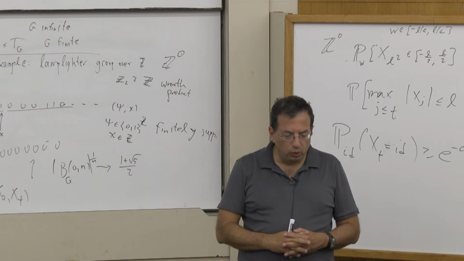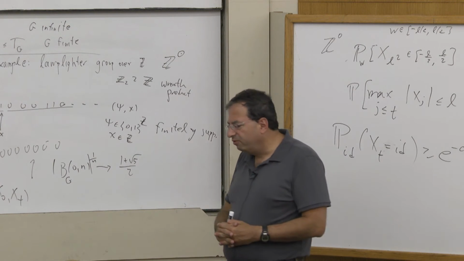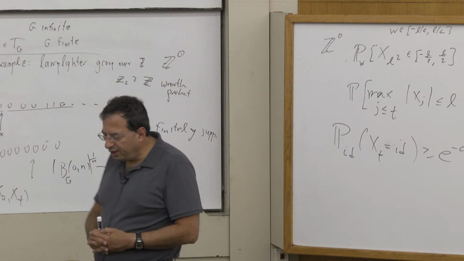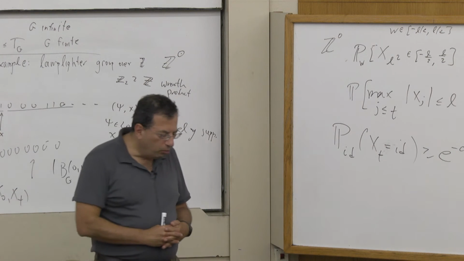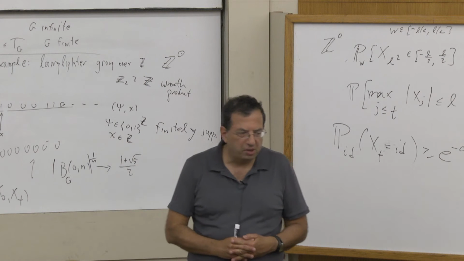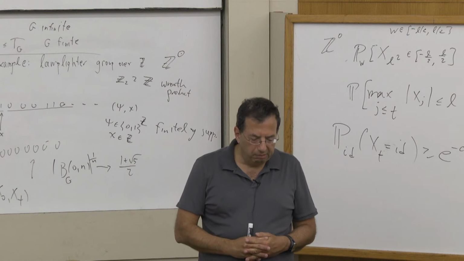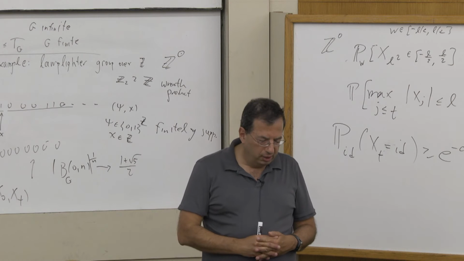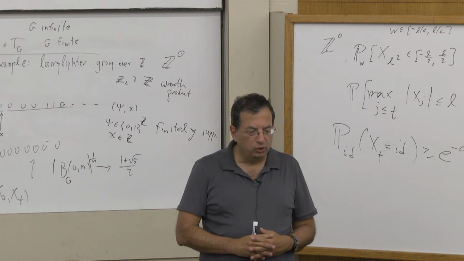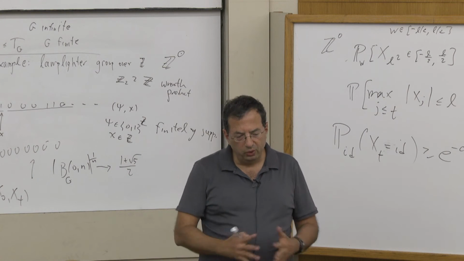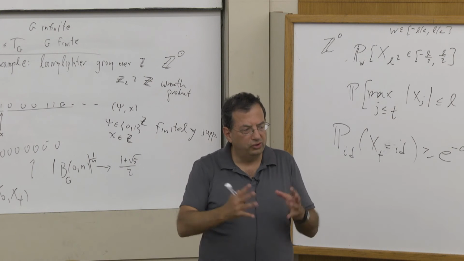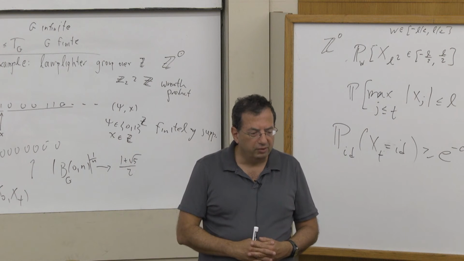If the group is amenable, then there is a theorem of Mach, which says that there is an equivariant harmonic mapping from the group into Hilbert space, and applying that gives you a Hilbert space valued martingale, and for the martingale you can get a lower bound on the growth just using orthogonality of the increments.